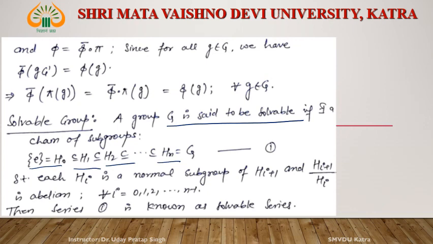In between there exists a sequence of subgroups H1, H2, up to Hn minus 1 such that each Hi is a normal subgroup of Hi plus 1, and this factor group Hi plus 1 upon Hi is abelian. Okay, this condition is distinct. This factor group is an abelian group. If a series of this type exists, then it is known as a solvable series. Okay.